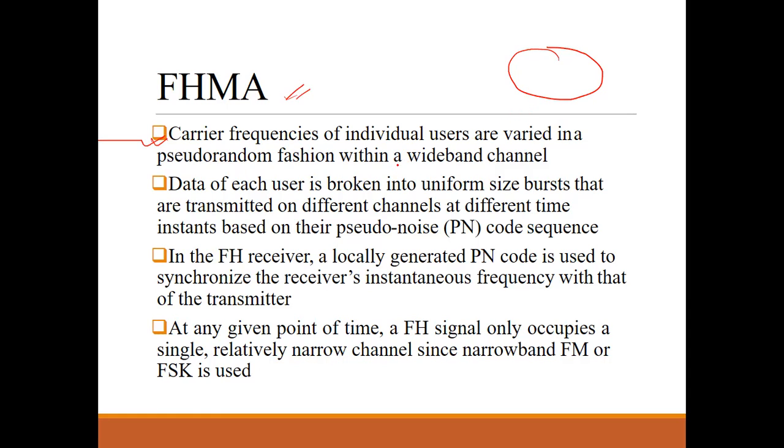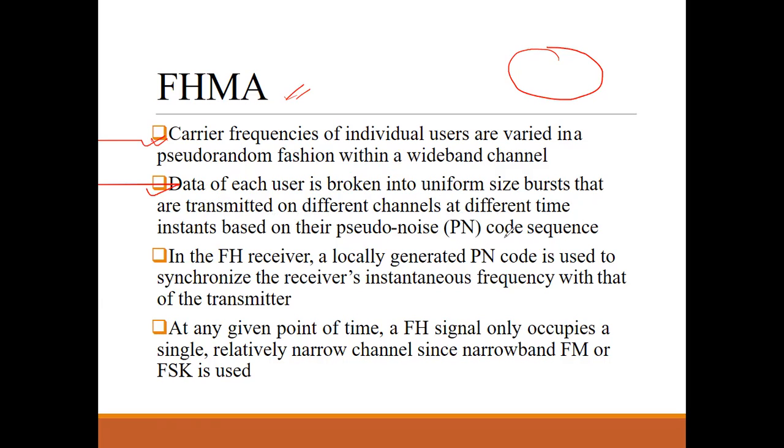ठीक है, सो हियर द डेटा ऑफ ईच यूजर इज ब्रोकन इनटू uniform size bursts that are transmitted on different channels at different time instants based on their pseudo noise code sequence.